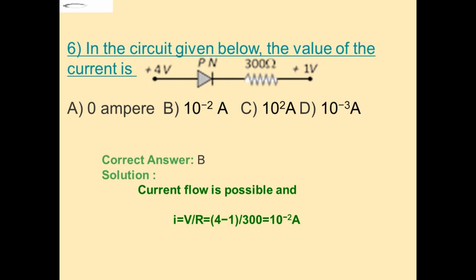So, this is higher potential than plus 1 volt. So, P side is connected to higher potential side and N side is connected to lower potential side. It is nothing but the PN junction diode is in forward biased condition.